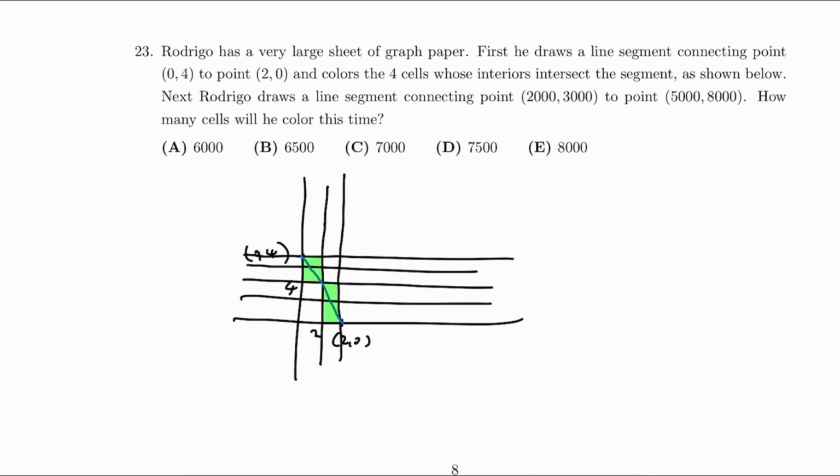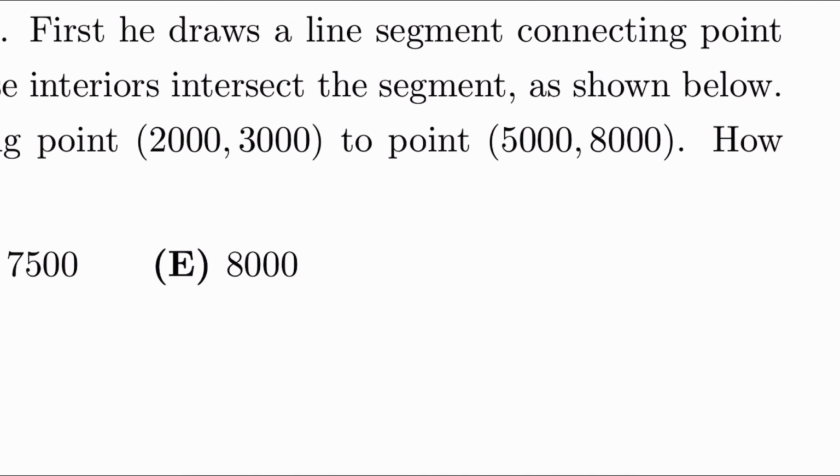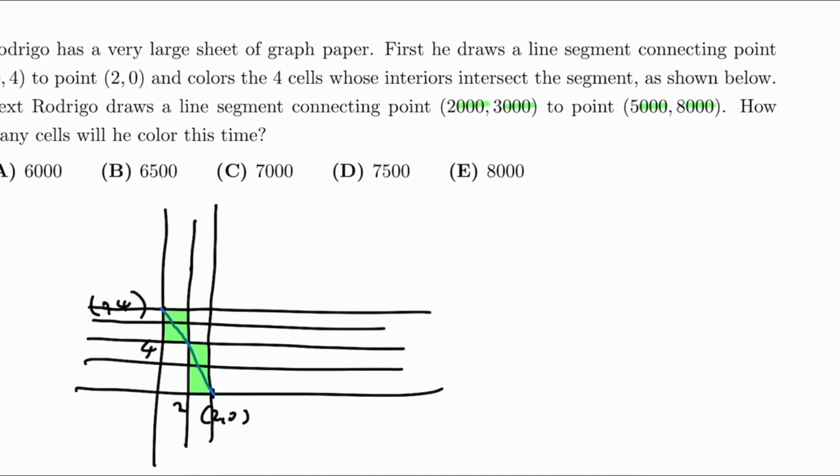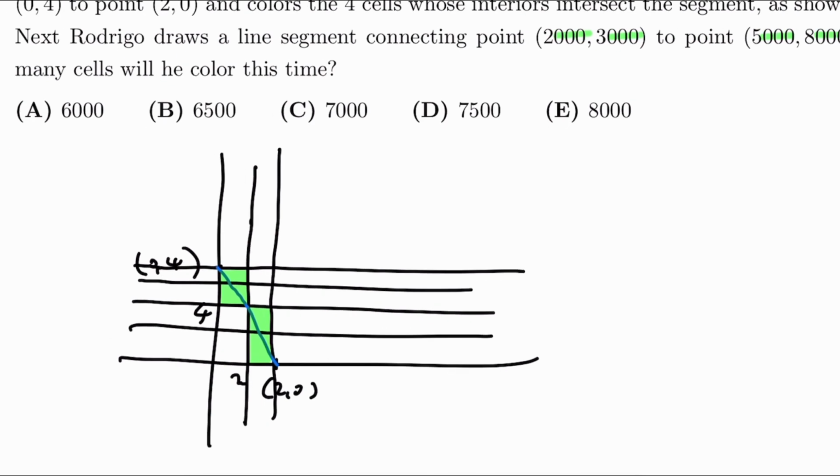So this looks like a very, very big number. But don't worry, let's try to look at these points. These points, oh my god, there are thousands behind all of them. Maybe let's just ignore it for now. And let's see what happens if we draw it from 2, 3 to 5, 8.